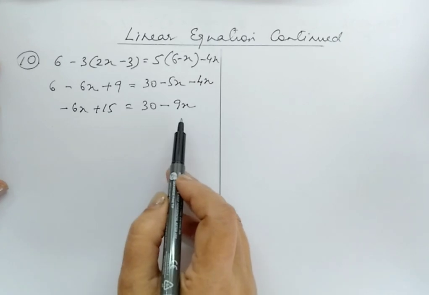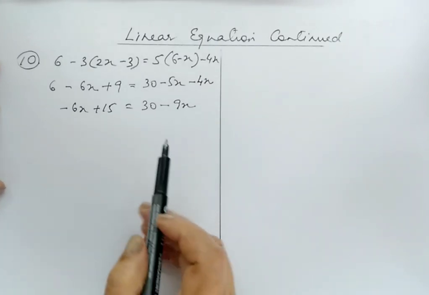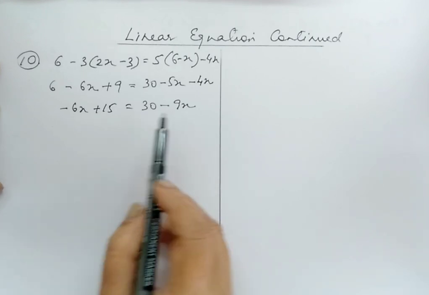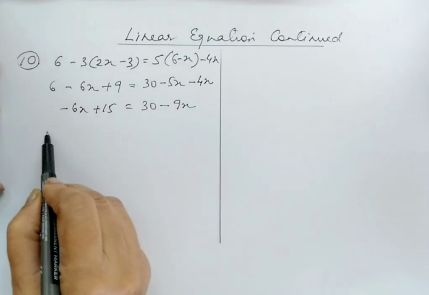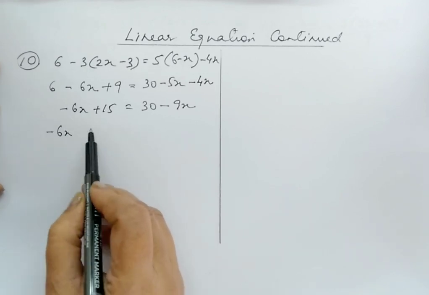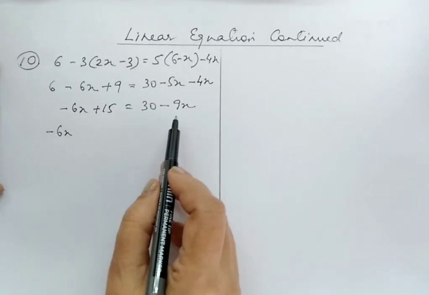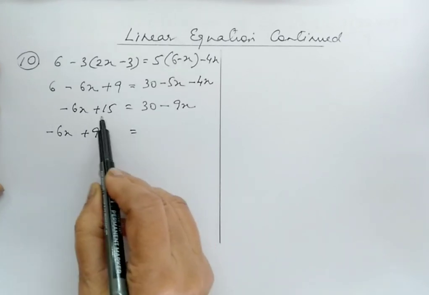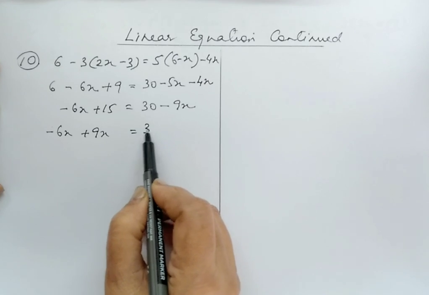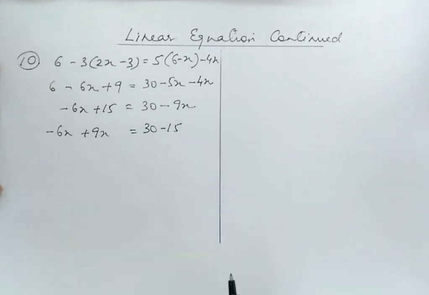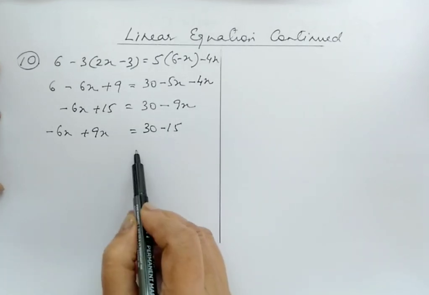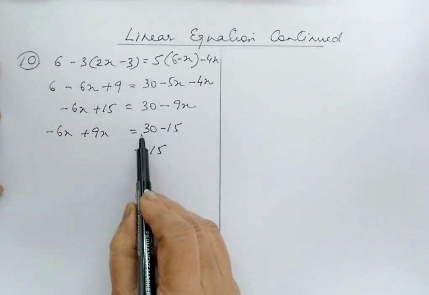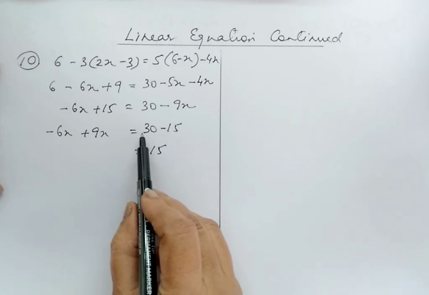Having done them smaller in size, it's now much more convenient to deal with them. So we'll bring x's to the left hand side. Minus 6x will come down as it is on its same side. This will find its place here as plus 9x, and this plus 15 will go to sit there as minus 15. Which means this becomes equal to plus 15, because we take the sign of the bigger number.